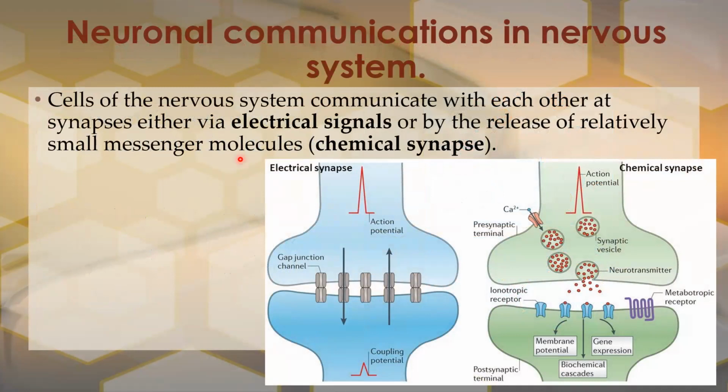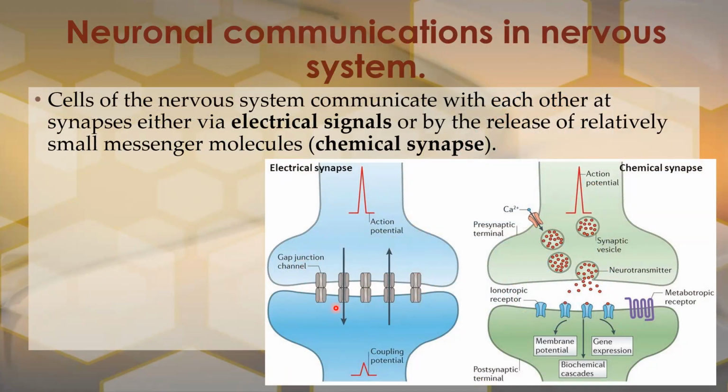How does communication occur in the nervous system? The neurons communicate with each other at the synapse. This is the synapse, the connection between two neighboring neurons, which can be either through electrical signals or chemical signals.